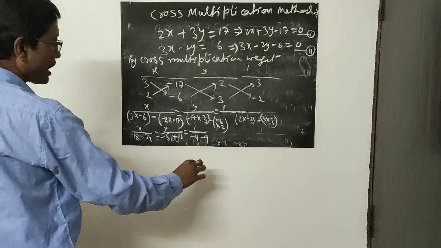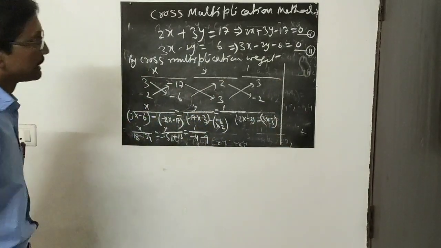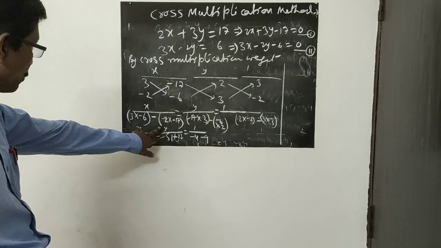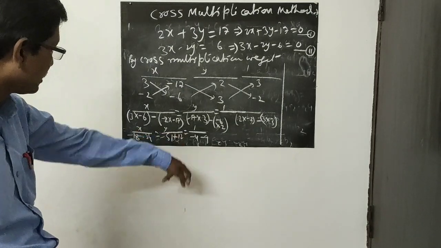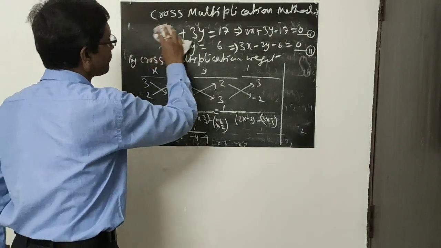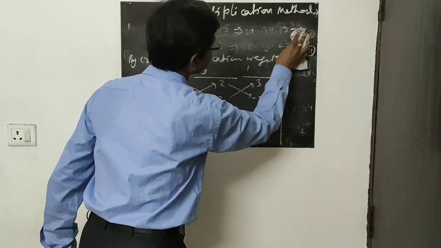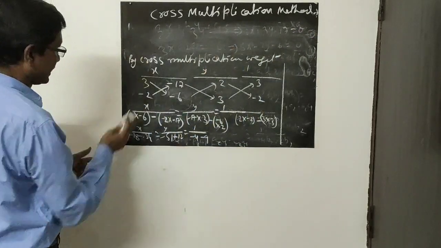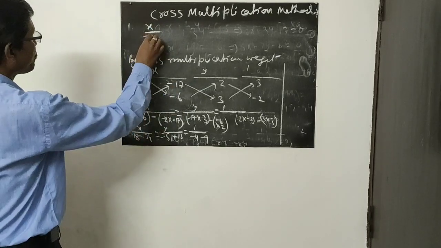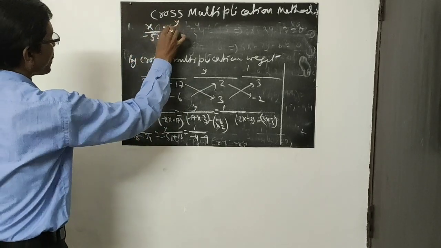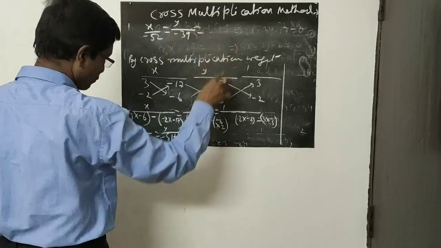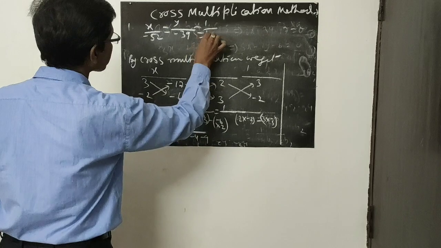So ultimately you get x by minus 52, y by minus 39, 1 by minus 13. I am drawing this line. You get x by minus 52 equal to y by minus 39 equal to 1 by minus 13.